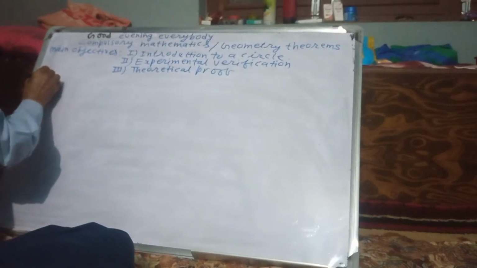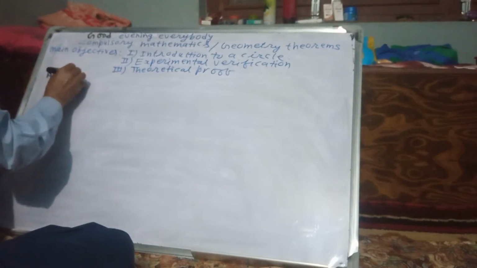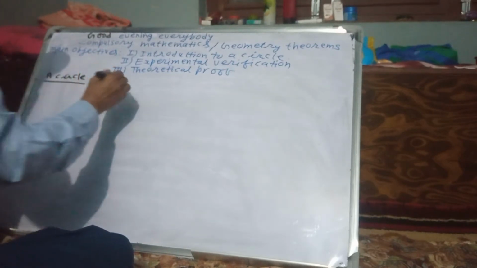A circle is the locus of a point which moves so that its distance is always equidistant from a fixed point. That fixed point is called the center.